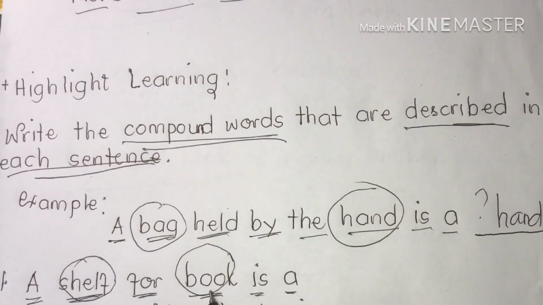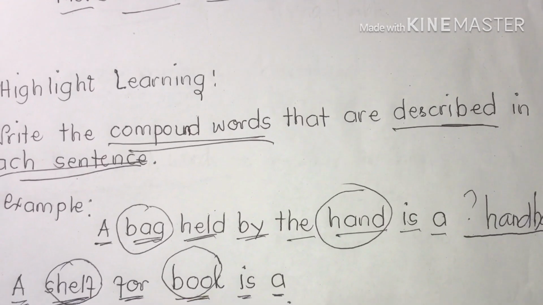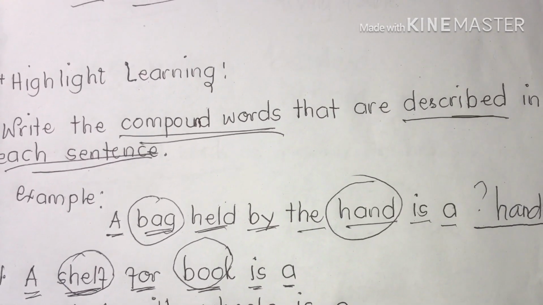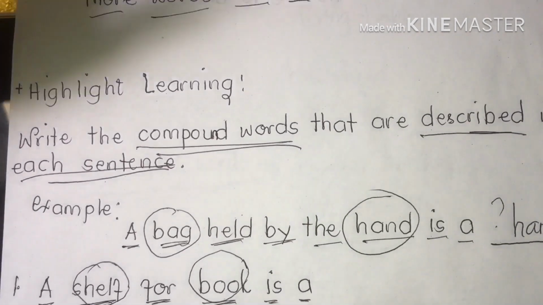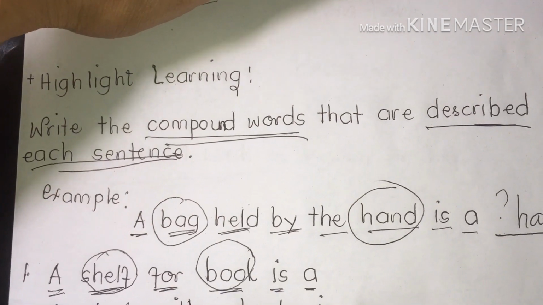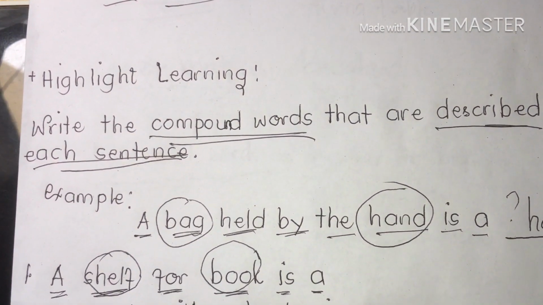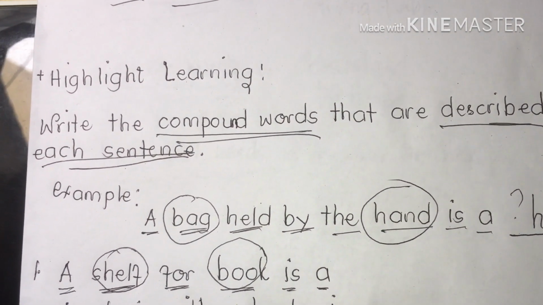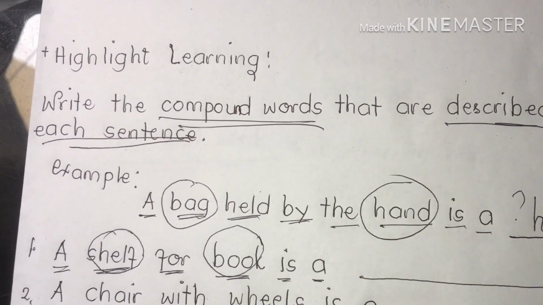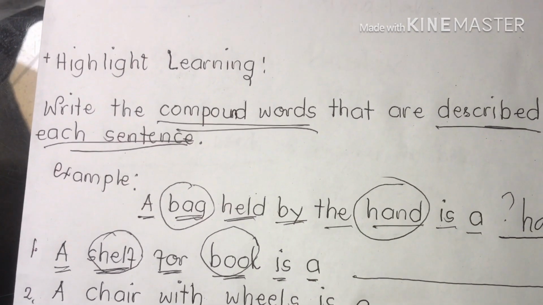Book has a different definition. Book is a reading material wherein we can get a lot of lessons or additional knowledge. So different words, different meanings, but when we combine them, we form one word and one meaning.